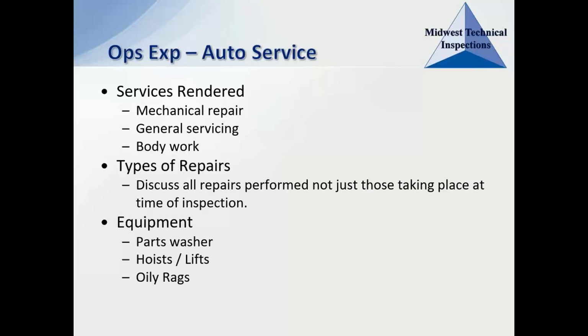Do you do this? Do you do this? So that you can get a comprehensive list of the services and repairs that they will actually complete. But then we're really focusing in on the higher risk equipment. So things like the parts washer, the hoists or lifts, the oily rags, the things that are going to create an elevated risk for fire is really what we're looking for here.